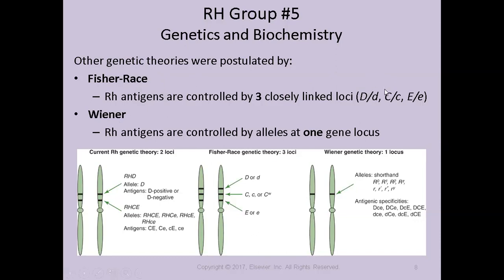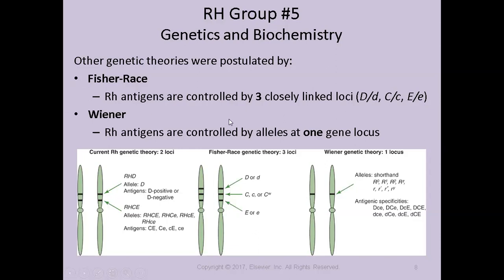So there was a big D and a little d. What I should point out to you is that there is no little d antigen, but people may write it to designate the absence of the big D, and we'll see how that goes a little later. Big C, little c, and big E and little e. Okay, so they said there were 3 separate loci.